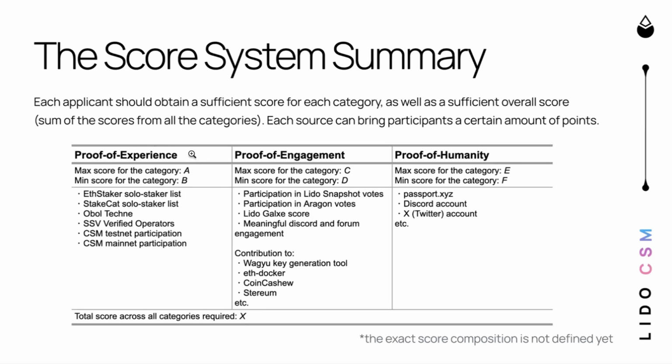So each applicant should get a certain amount of points here, here, and here, and the overall score should be sufficient. And that will be the reason for this applicant to be included into this identified community stakers list.